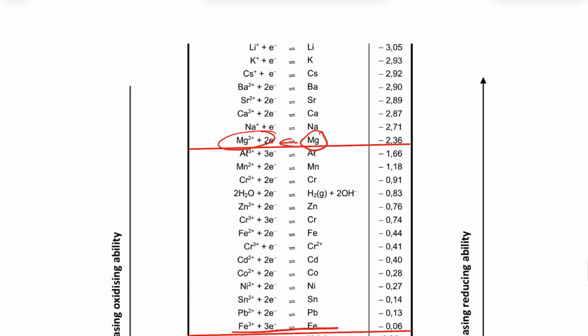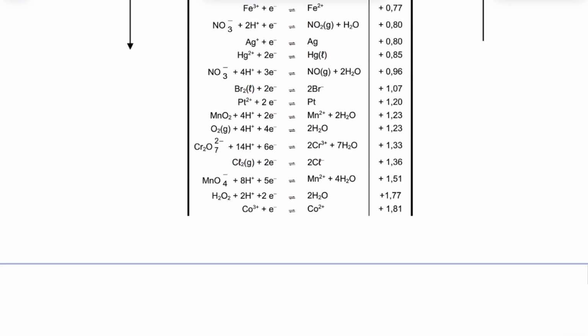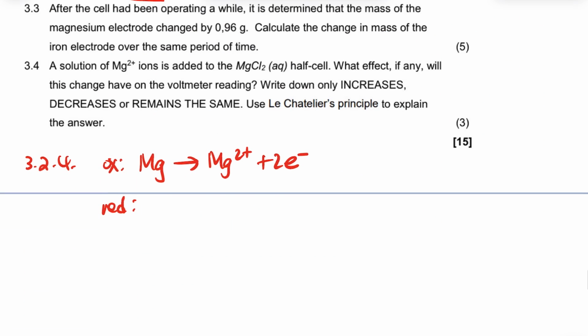I've shown you guys, we did not use this, and the other one. Okay, so the reduction here, guys, is going to be Fe3+ plus 3 electrons, and it's going to be Fe. Right, so this is not balanced, guys.